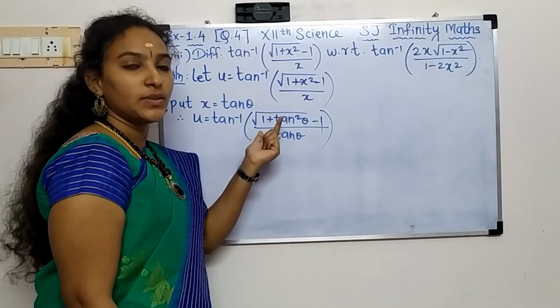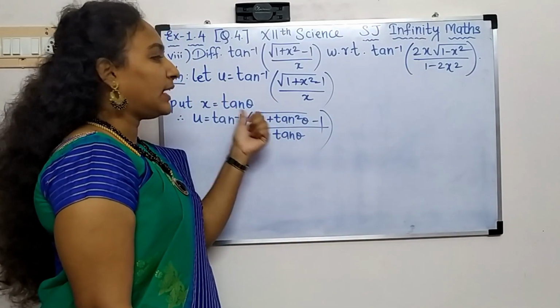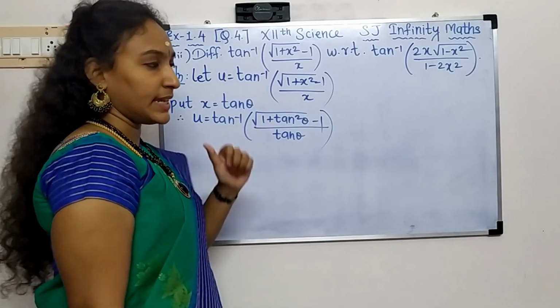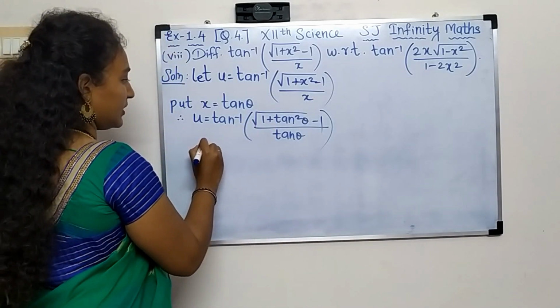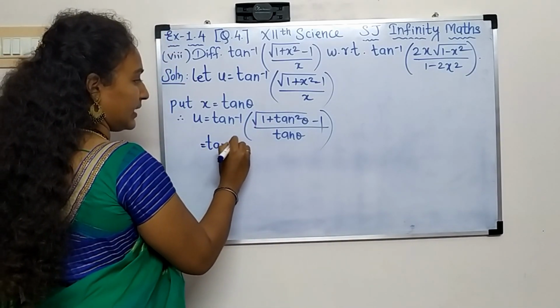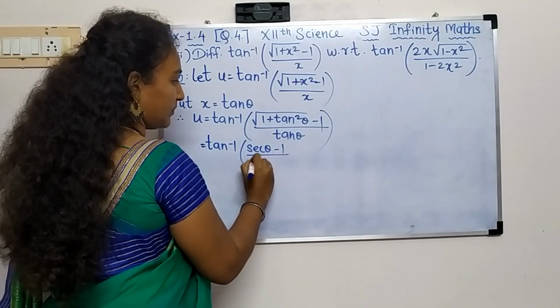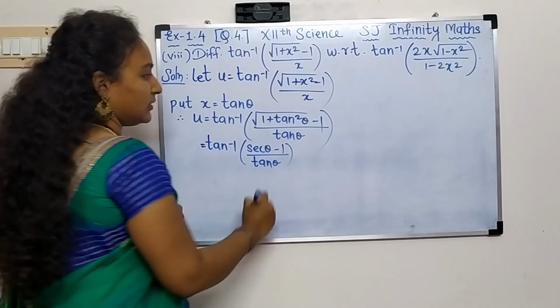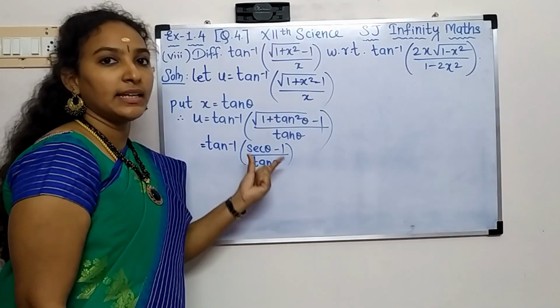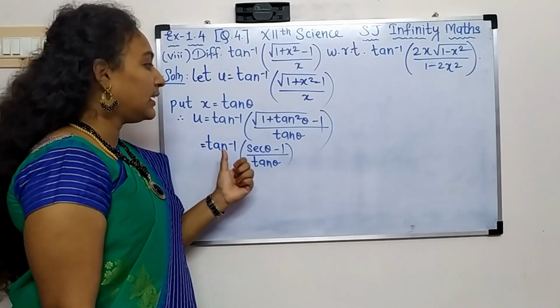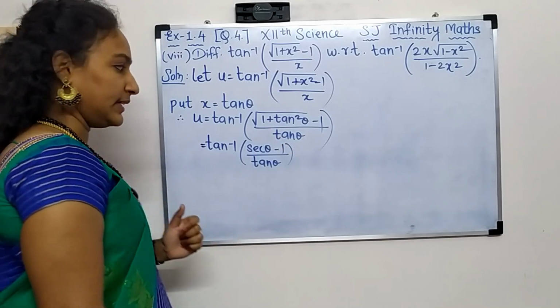So 1 plus tan square theta is sec square theta and root of sec square theta is sec theta. So this is tan inverse sec theta minus 1 upon tan theta. Now we are going to convert this sec theta into 1 upon cos theta and tan theta into sin theta upon cos theta.